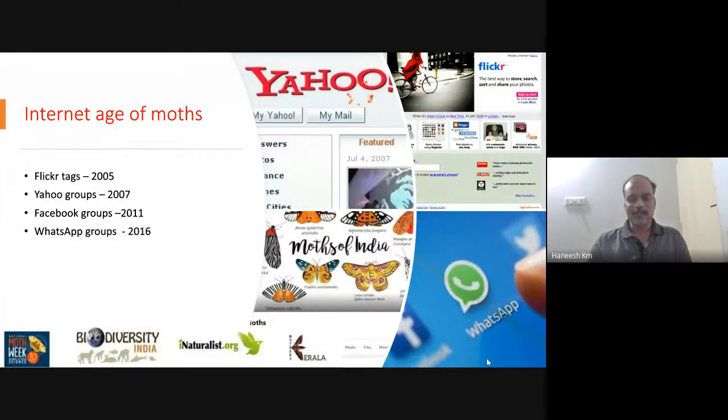As I remember, I met Vijay Barve and others on Flickr around 2006 or 7. At that time we identified some of the people working in India in this particular area. Some of them were posting butterflies or moths. And then people like Vijay Barve came and told us that we have to use a common tag.